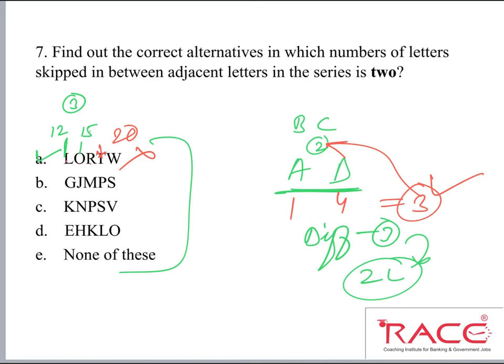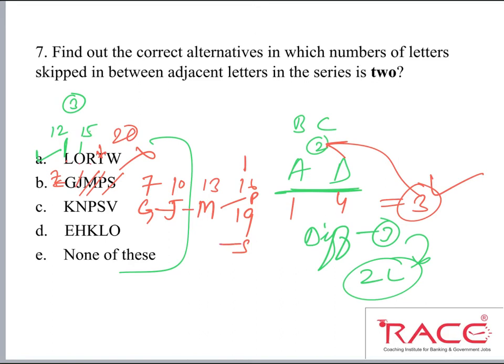Now check the second. G means 7. Next must be 10, and 10 means J. Yes, we have J. Next must be 13, M. Yes. Next must be 16, P. Next must be 19, S. So if the first letter is 7, the next must be 10, then 13, 16, 19. That is G, J, M, P, and S. This is the order.